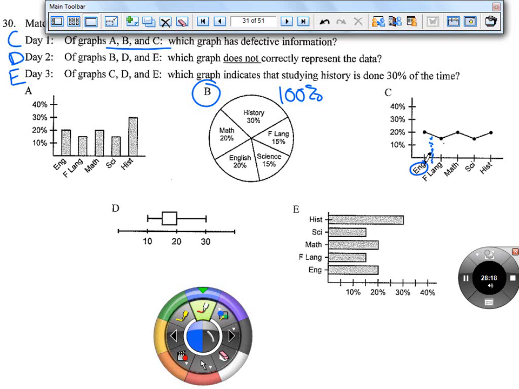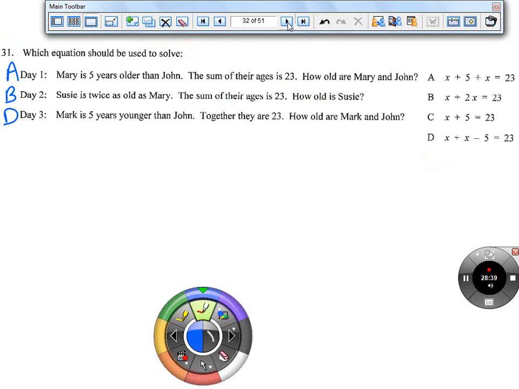All we have is English, and so we have that percentage, but what is all this? When you have a line graph, that means you have to have something down here to represent each of these points. There are an infinite number of points on a line. So this is just not an effective graph to show this type of information. So that's why it's C.